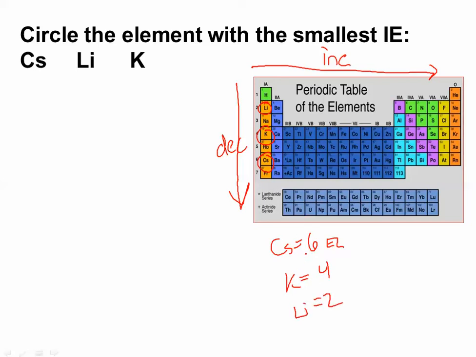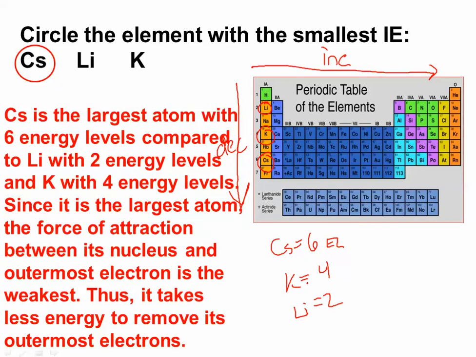So the distance between the nucleus and the outermost electron is going to be greatest in cesium, so it's going to have the weakest force of attraction. So it will have the smallest ionization energy. It'll take less energy to remove the outermost electron from cesium than potassium or lithium. So cesium has the smallest ionization energy, and here's our explanation.